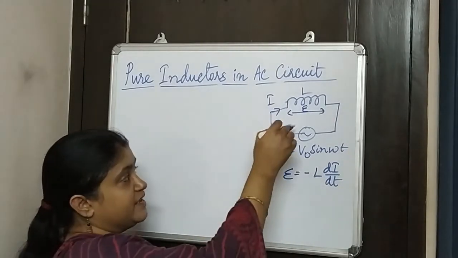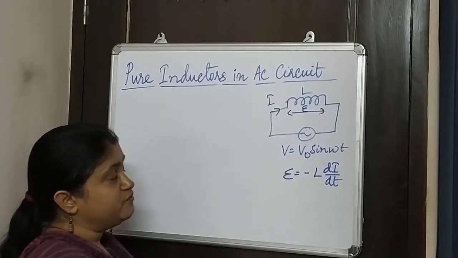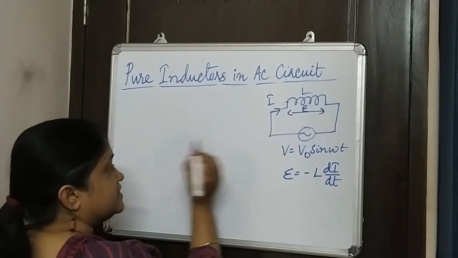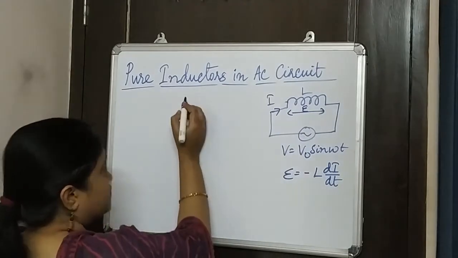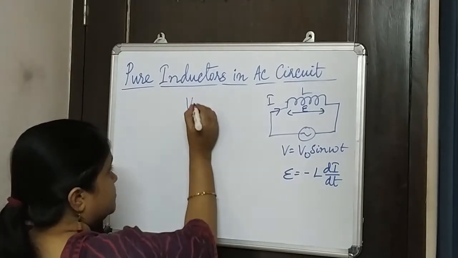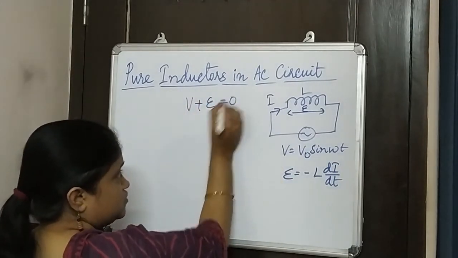Now we apply Kirchhoff's law, and we can say that the total voltage V plus epsilon is equal to 0.